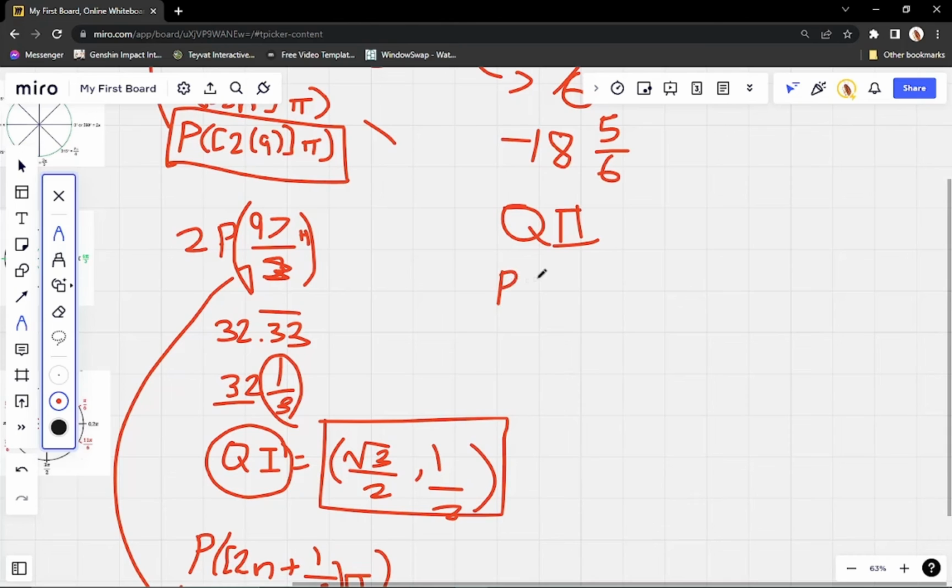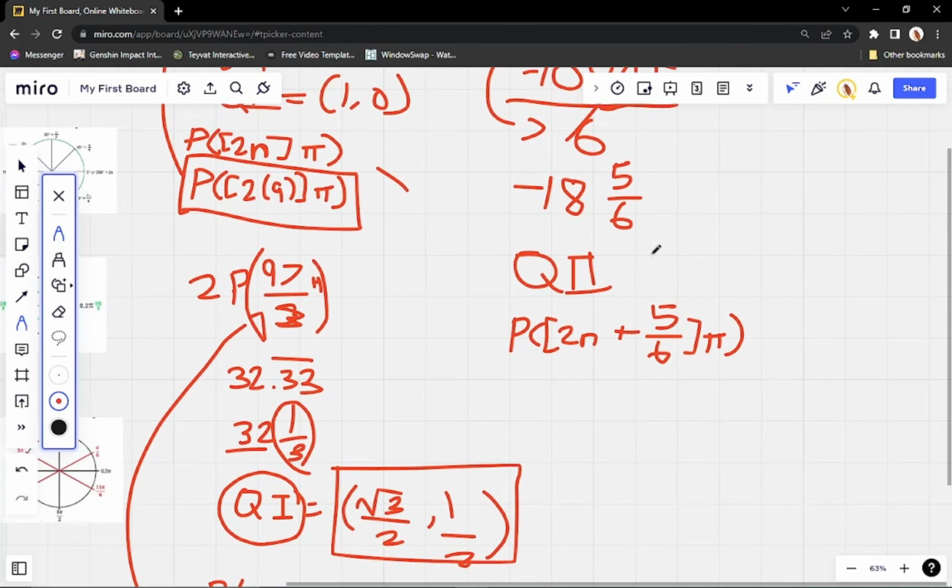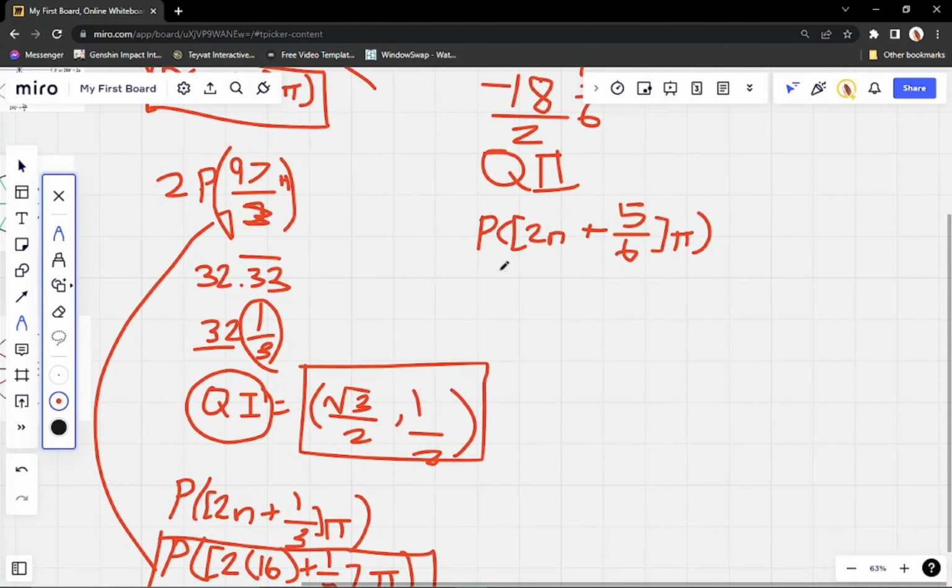So pi times (2n plus 5 over 6). So like the other examples, we first divide by 2, which will give us pi times (2 times negative 9 plus 5 over 6).